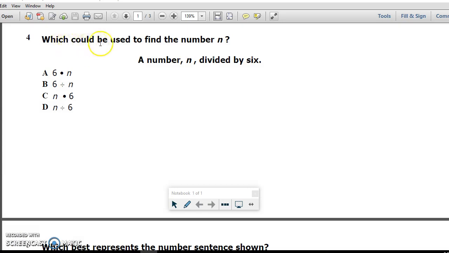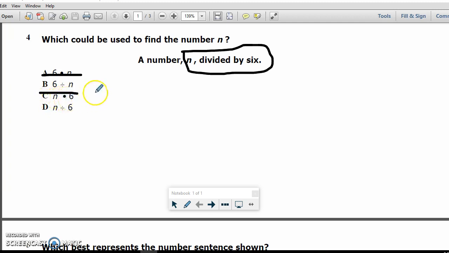Number 4 says, which could be used to find the number n? A number n divided by 6. So in this problem, we just really needed to focus on this section right here. n divided by 6. We're only dividing in this problem, so we know that A will not work and C won't work because they are multiplying.